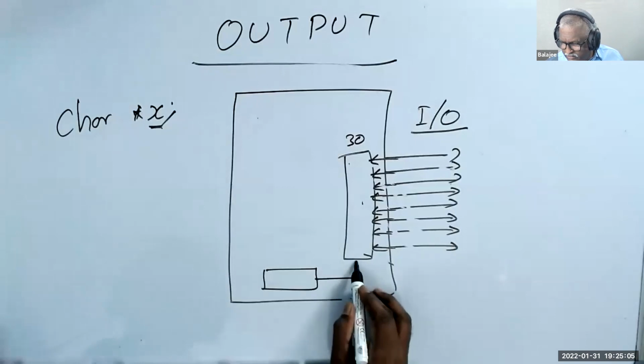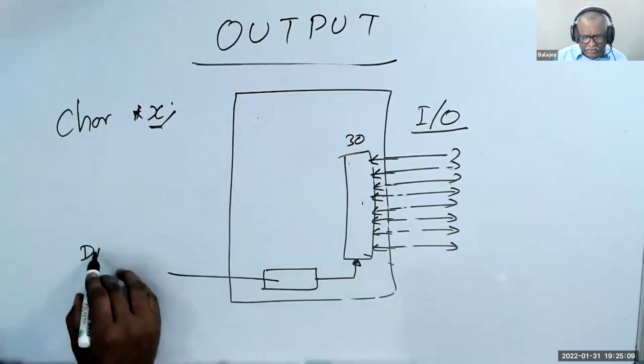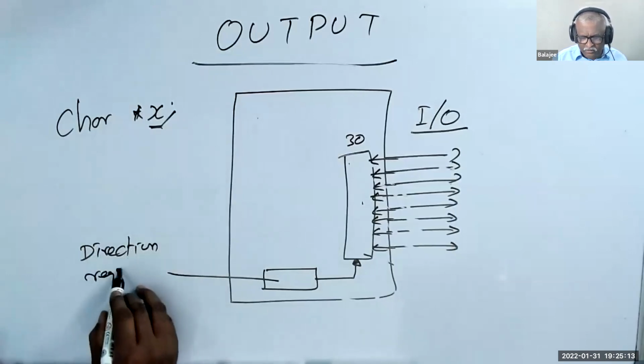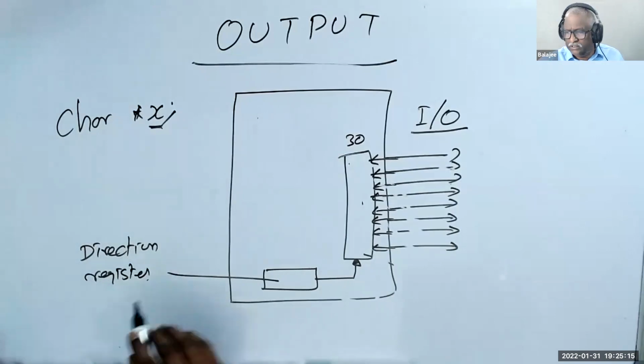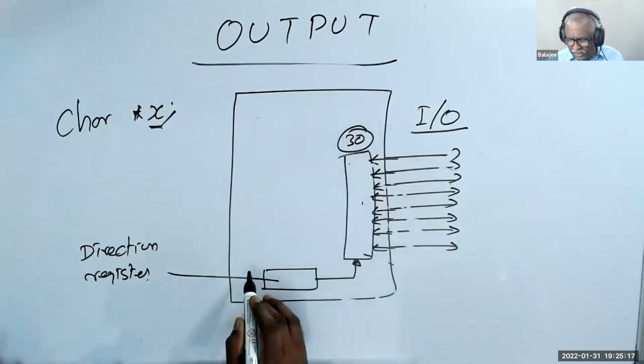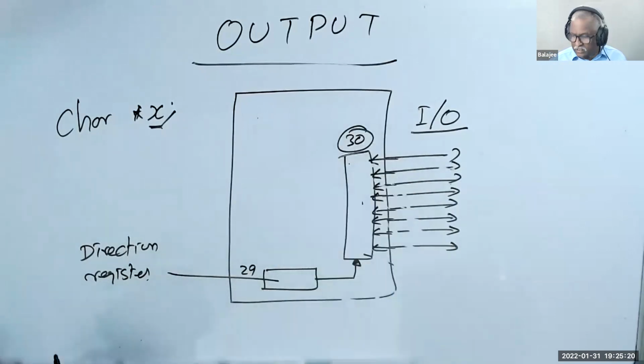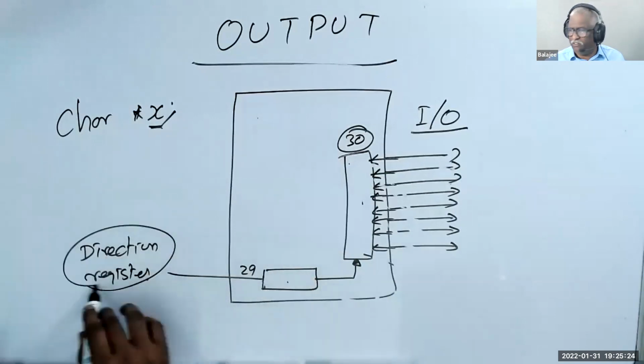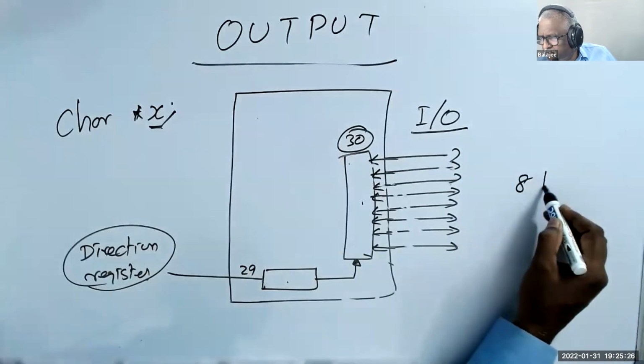Who controls this? This is called the direction register. For example, this is 30, and they will tell you this is 29. This direction register also has 8 bits.